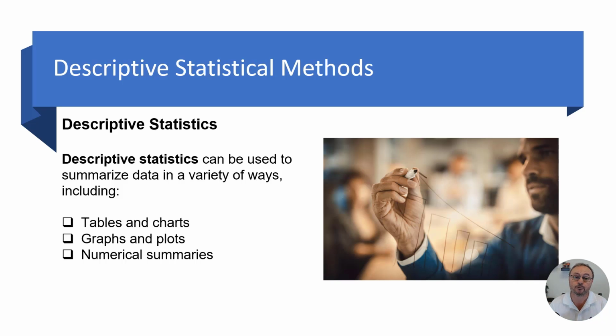Numerical summaries also can work as well. Now, for example, if we have a group of people which we'll call a sample, the sample group, this sample group may have an income that is over $50,000 a year.